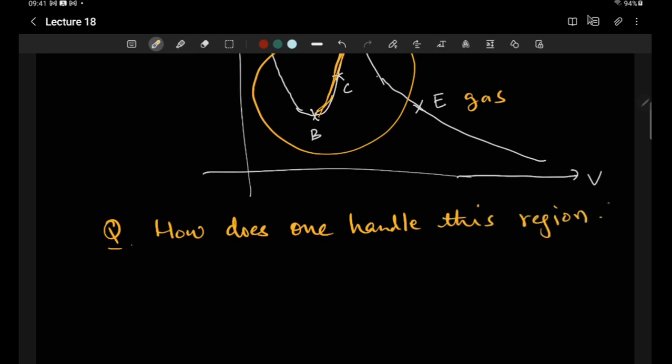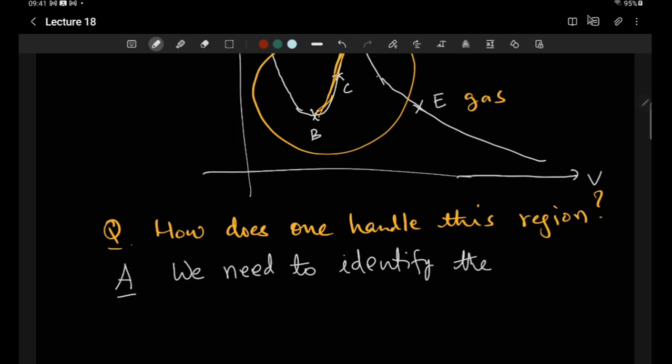The answer is that we need to identify the precise stable configurations.